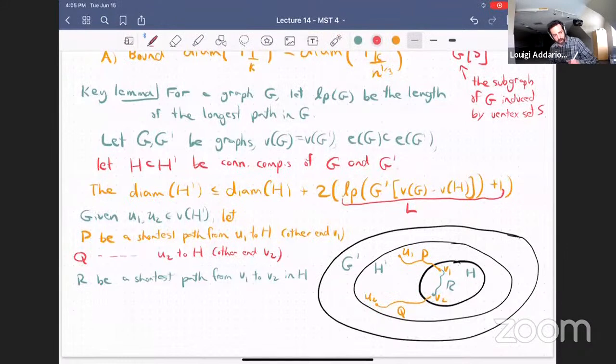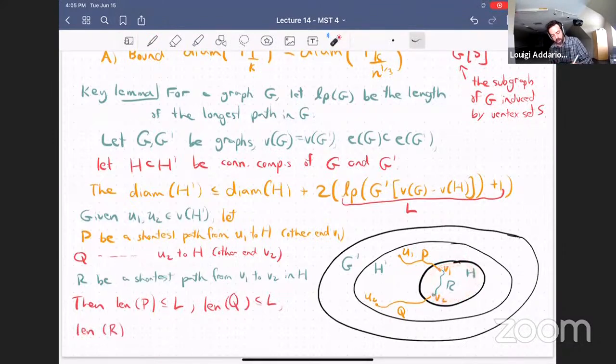Okay, so then the length of P is at most L, and the length of Q is at most L. And the length of R, well, R is the shortest path between two vertices in H, so its length is at most the diameter of H. Right?